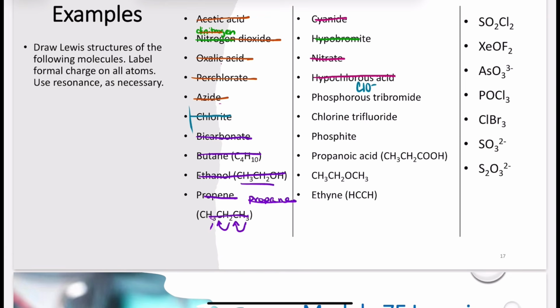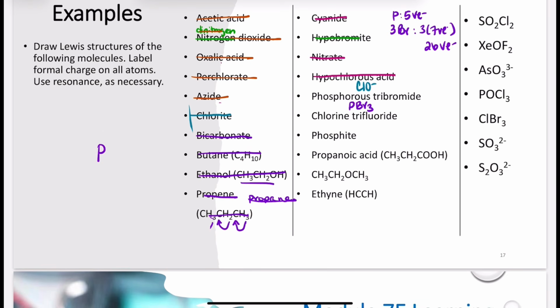Phosphorus tribromide, PBr3. Phosphorus, 5 valence electrons, 3 bromines, or 3, and bromine has 7 valence electrons, so 3 times 7, 26 valence electrons overall.